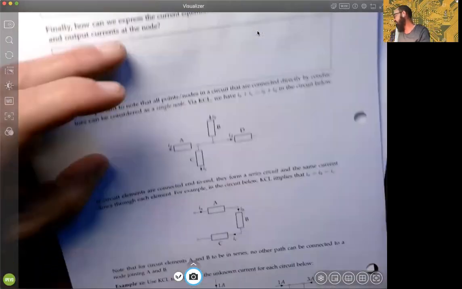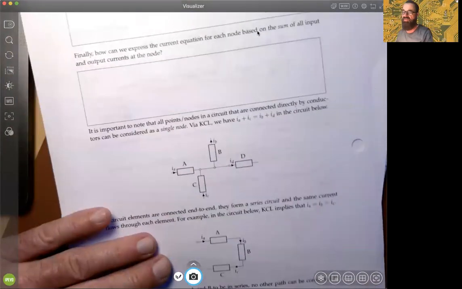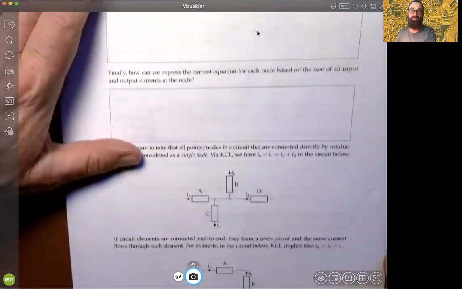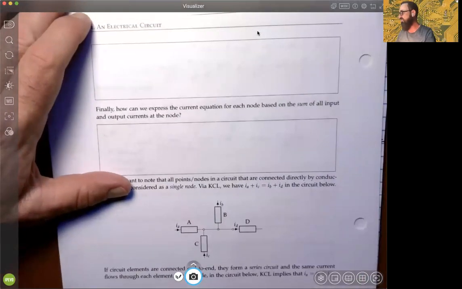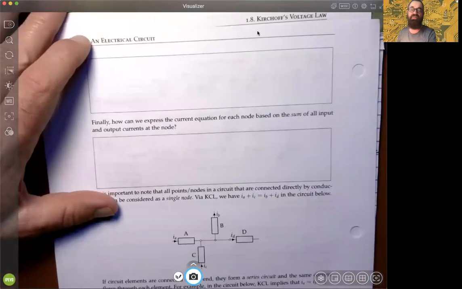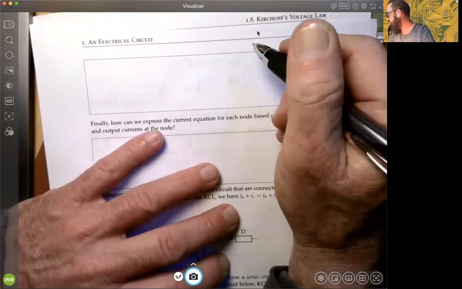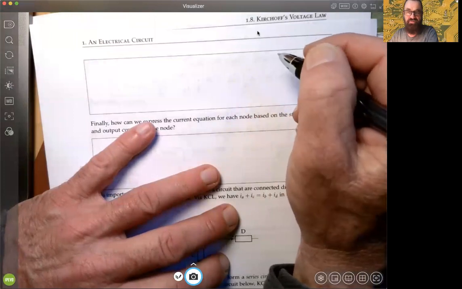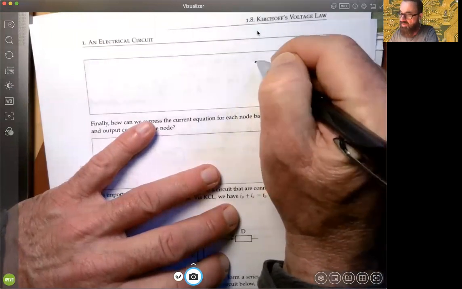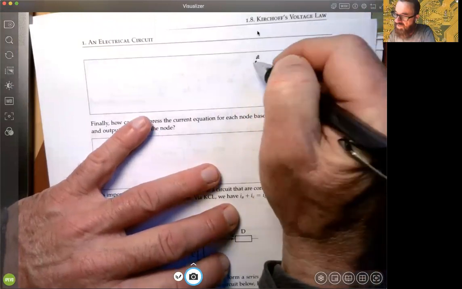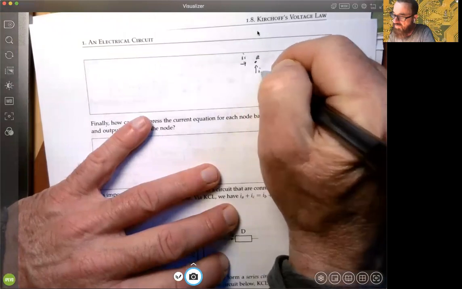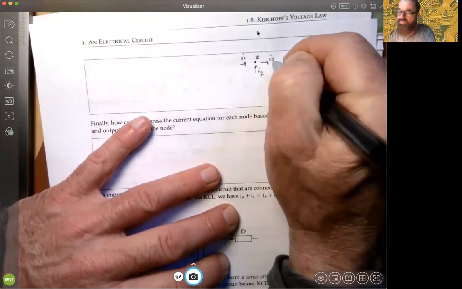So let's flip the page and look at the same examples we just had, but now from these different perspectives. I'll briefly sketch them again, writing from the perspective of the currents and leaving out the circuit elements. For node A, we had an incoming I1, an incoming I2, and an outgoing I3.